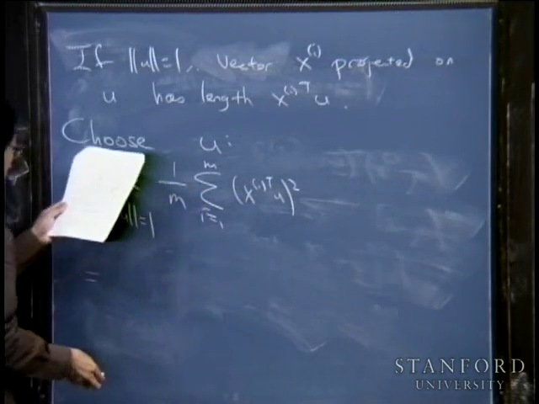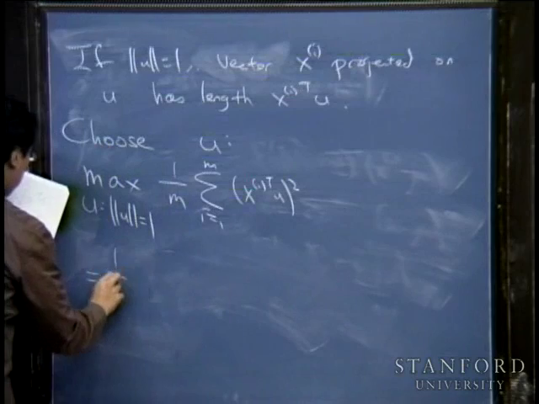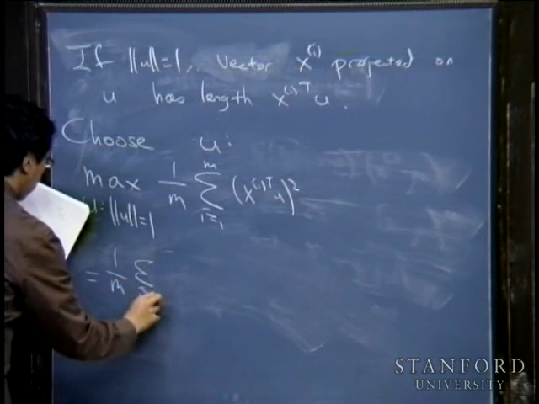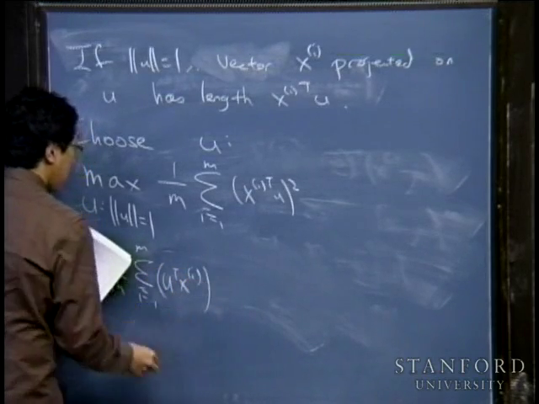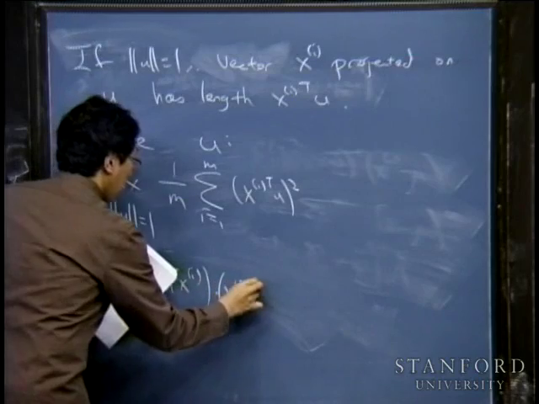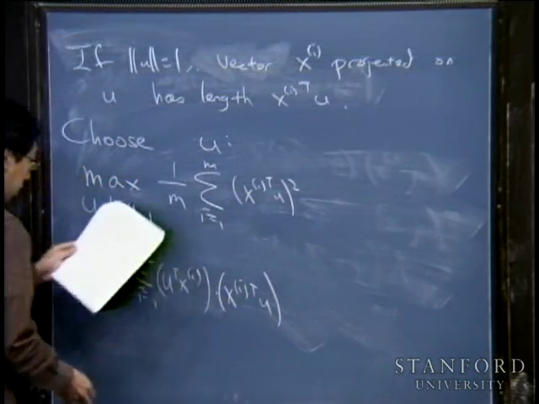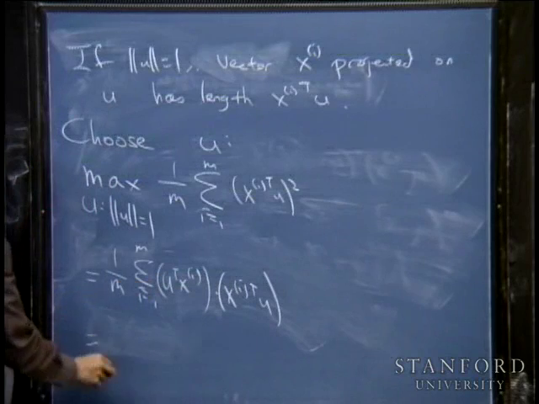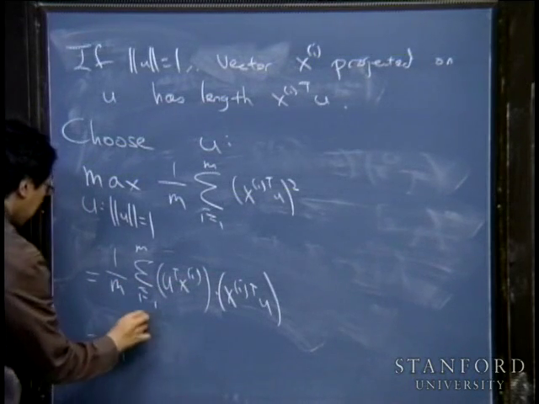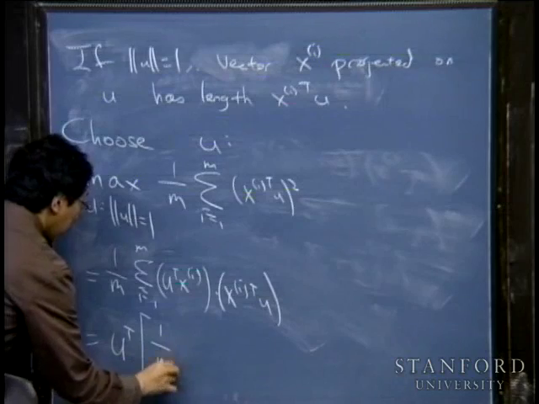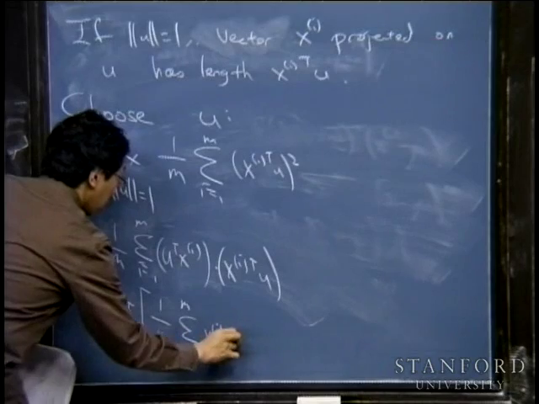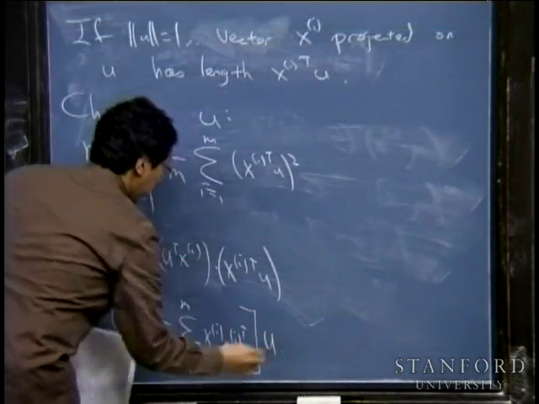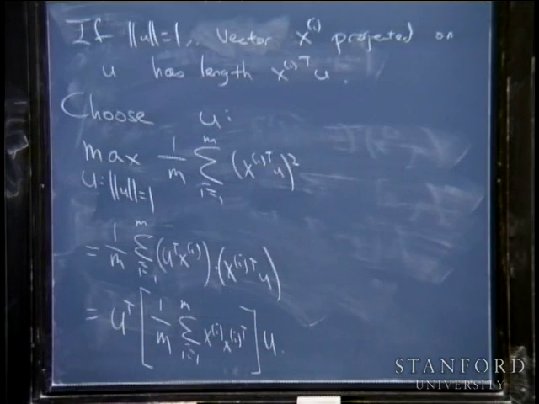And so that quantity on the right is equal to 1 over m, so from, let's see, u transpose xi times xi transpose u, right? And so you can simplify, and I get this is U transpose times some matrix times U. Okay.